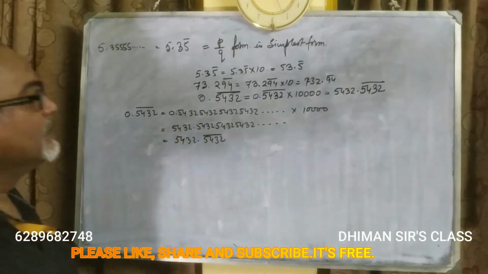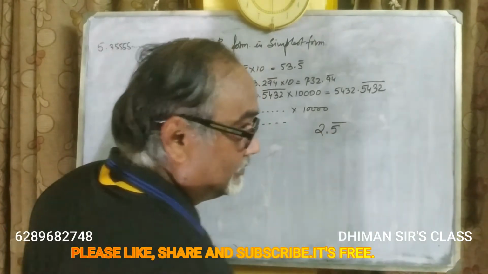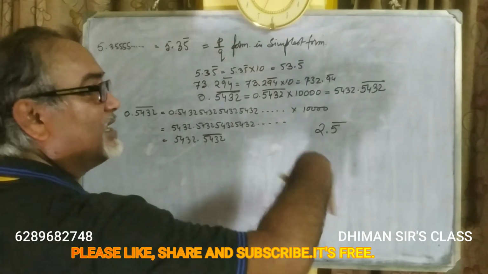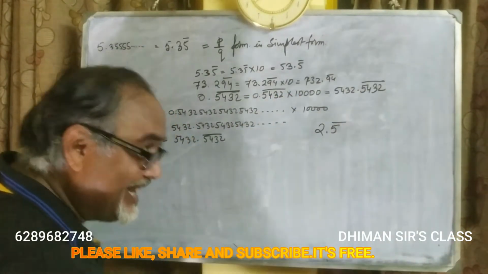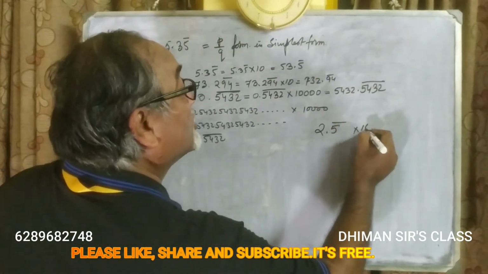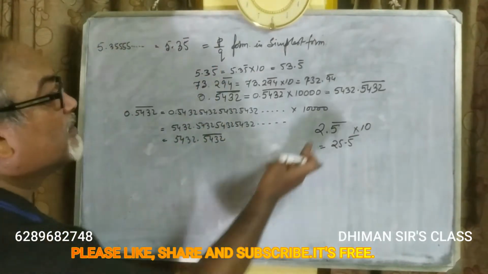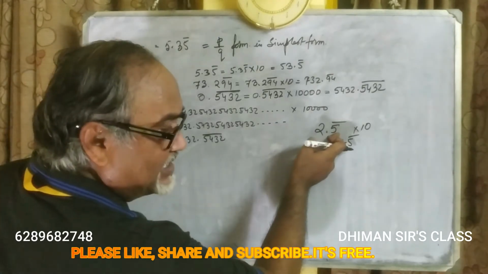Okay. Suppose, in short, 2.5 bar. It is already a number where there is no digit left on the right hand side which has no bar. But still, suppose we multiply by 10, then what will happen? 25.5 bar, because the number of fives on the right hand side of the decimal is infinite.